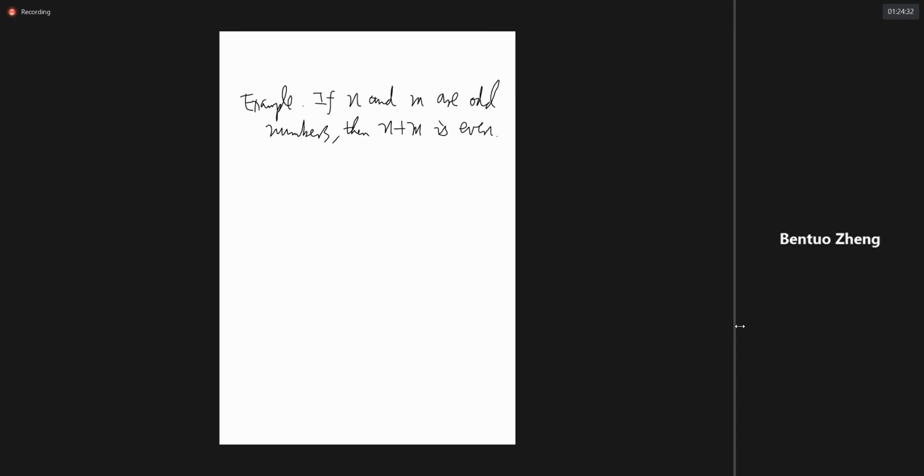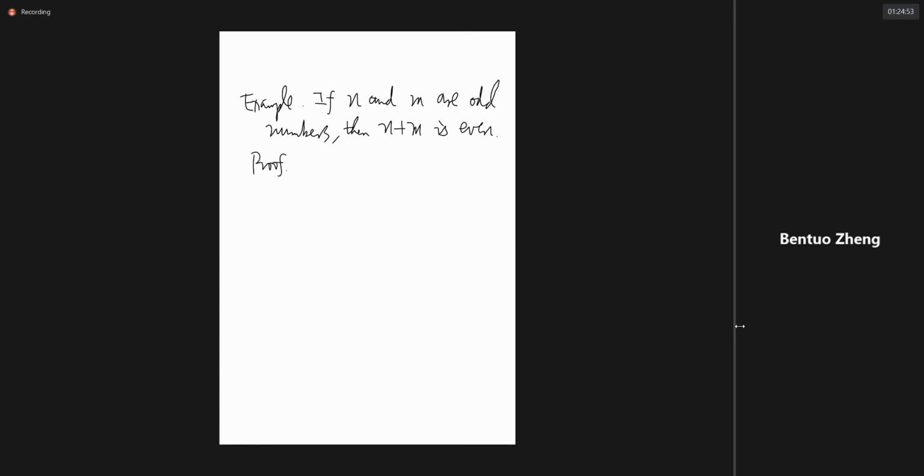So you want to prove this. To prove this, you have to use definition. Okay, if you want to prove something is odd, you have to show the number can be written as 2k minus 1. If you want to show a number is even, you want to show the number can be written as 2 times k. So we use the definition.